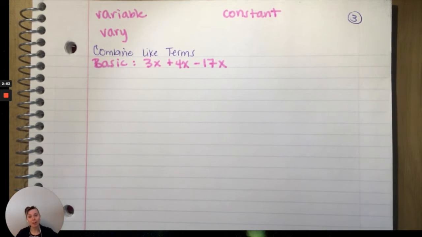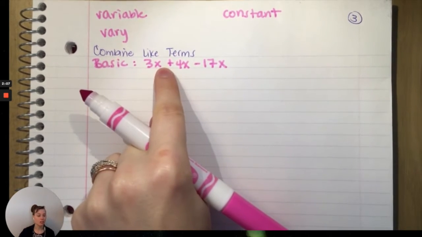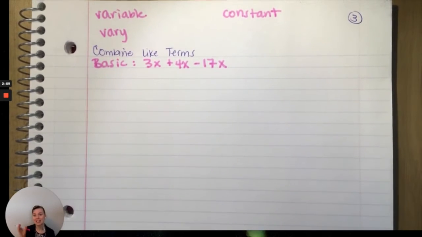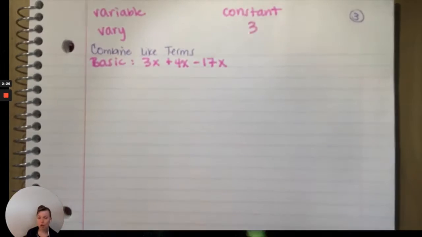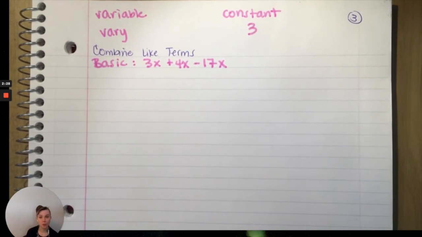So x is a variable because it's not constant. 3x is called an algebraic term because it itself is not going to be constant. If you plugged in 3 or substituted in 2 or 105, you're going to get a different number out, but it itself is not the variable. So that was probably too deep, but a variable is something that changes. A constant will always be itself. So like 3 will always be 3. No matter what you do, 3 is always going to be 3.